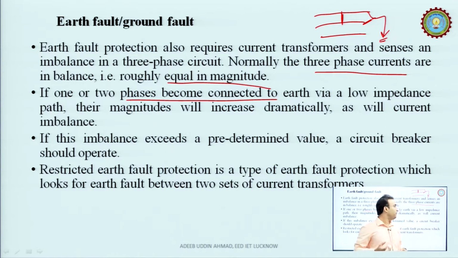This is the basic phenomenon: when there is an unbalance between the currents in the three lines of the power system, the current is compared with the predetermined or normal operating value. If the current has an excess value, we can say this is a faulty condition and the circuit breaker will operate. So, this is earth fault or ground fault protection.